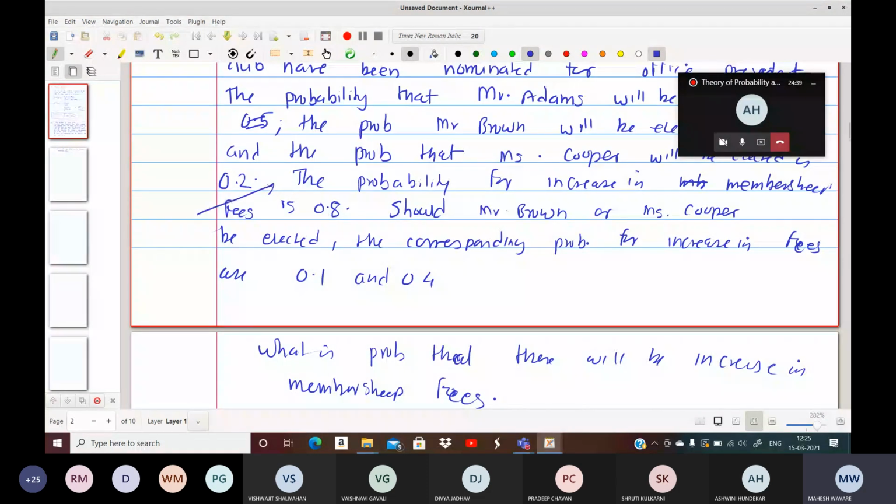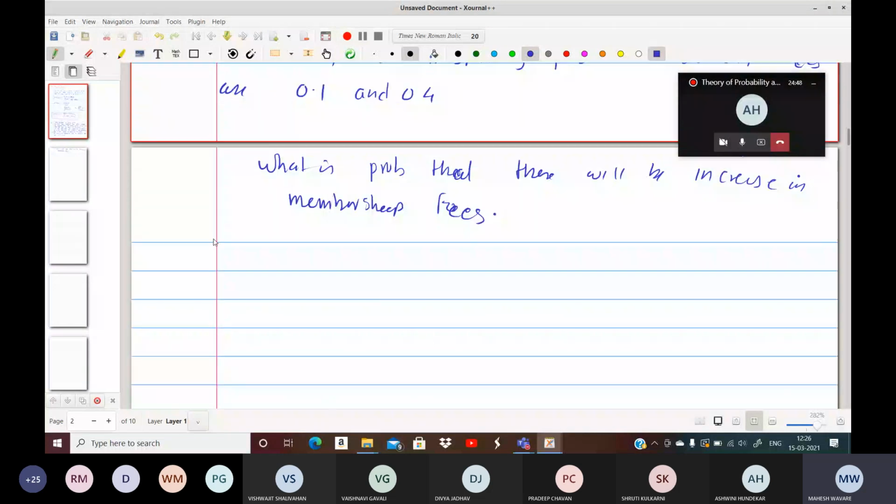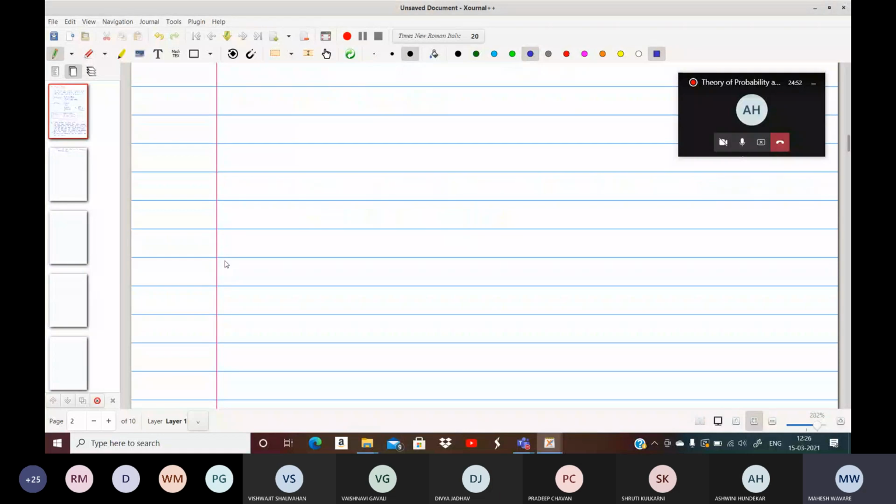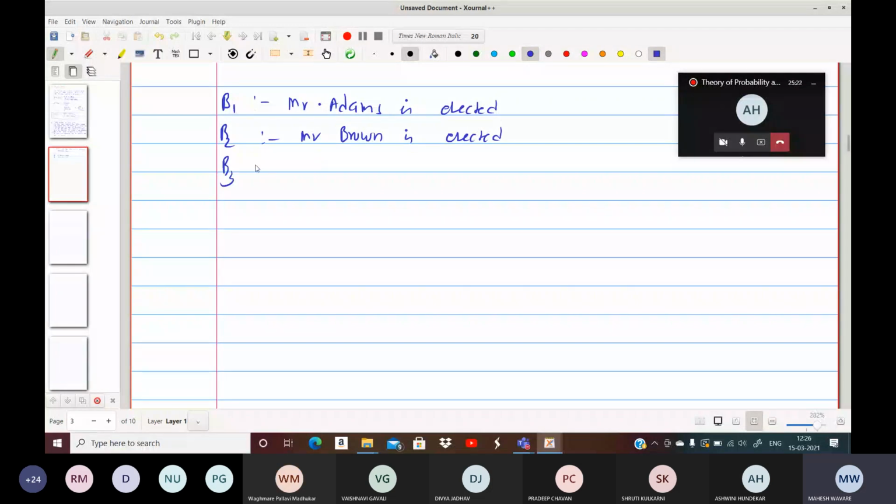Okay, I will read the problem again and denote it. Three members of a private country club have been nominated for the office of president. Whoever constitutes the partitions, I will call B1, B2, B3. B1 is Mr. Adams is elected, B2 is Mr. Brown is elected, and B3 is Mrs. Cooper is elected for president.